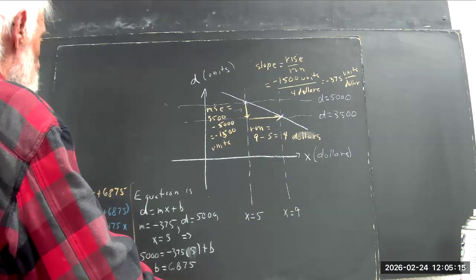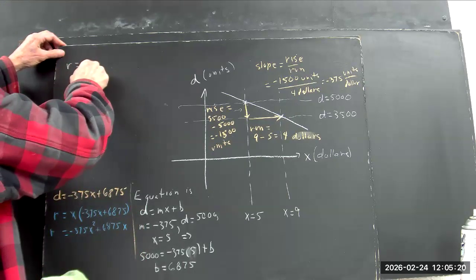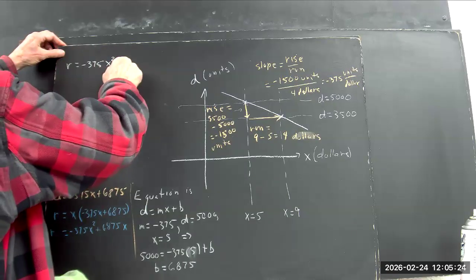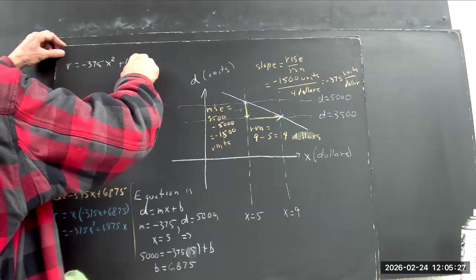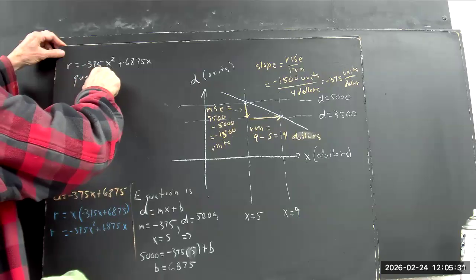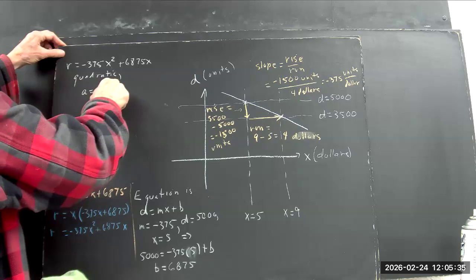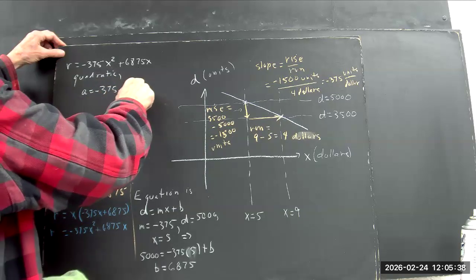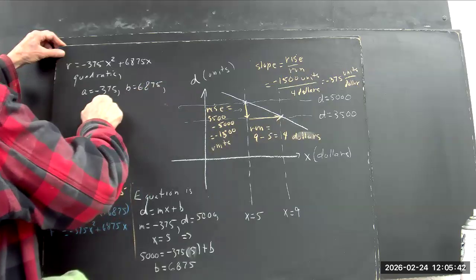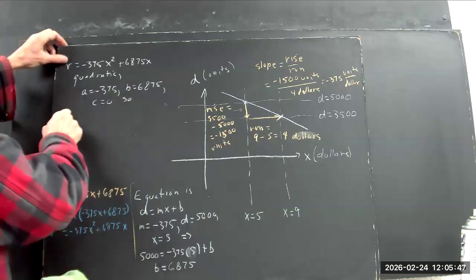Well, let's take that function. This is quadratic. A equals negative 375, B equals 6,875, C equals 0. So we want the zeros.